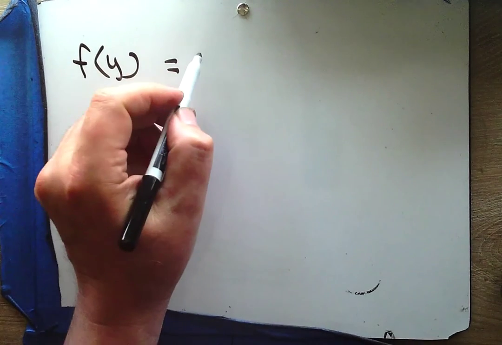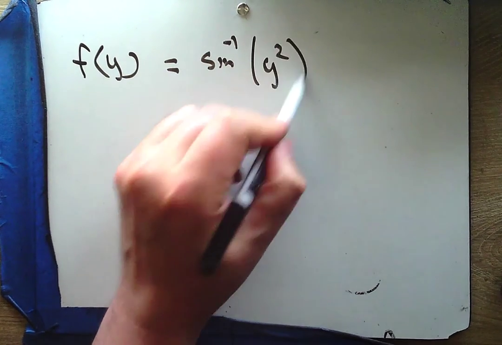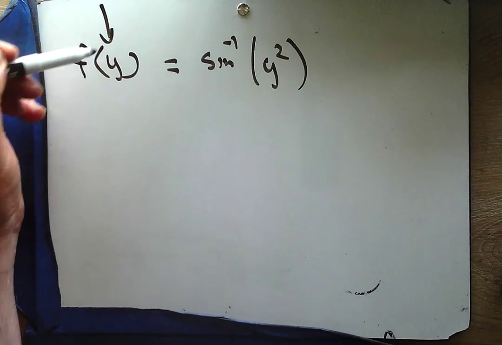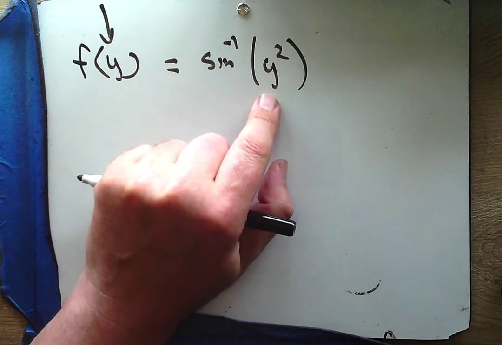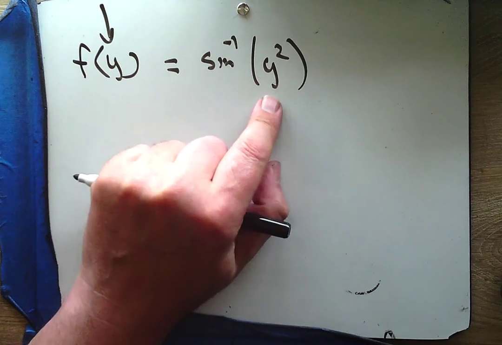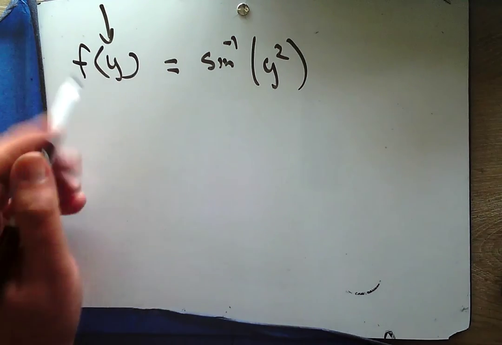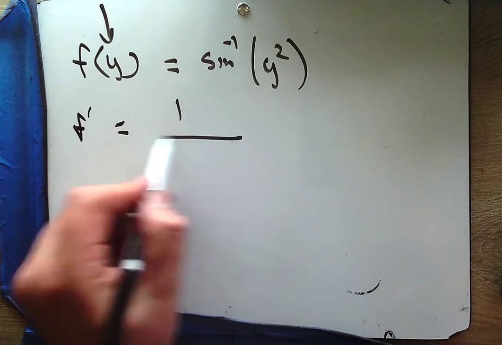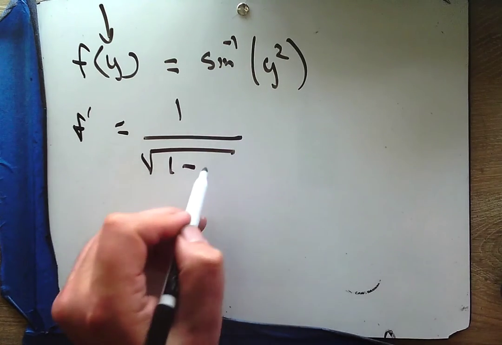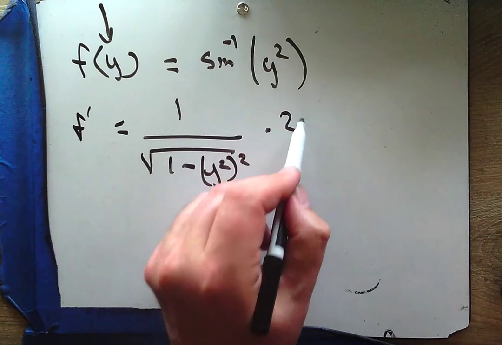46, f of y equals sine inverse y squared. Okay, notice my function is a function of y, it's not a function of x, so this is not implicit differentiation. When I take the derivative of y, it's with respect to y, so I'm going to have dy here. So f prime is going to be the derivative of inverse sine, which is 1 over square root 1 minus stuff squared times the derivative of stuff.